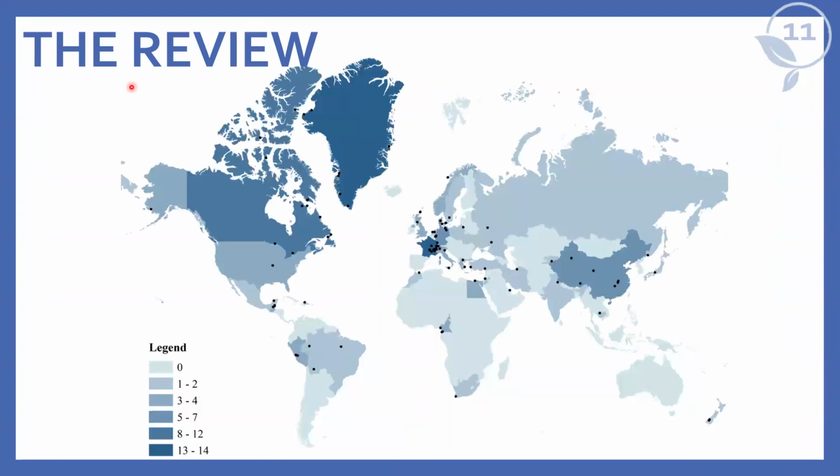And this is an interesting synthesis that I was able to do using ArcGIS. Because I had where all of the studies were performed, I could go back and, using a map here, show archaeological reconstructions via paleolimnology or using paleosols, and you can see how many studies have been performed in different areas. So the darker the color, the more study sites there have been.